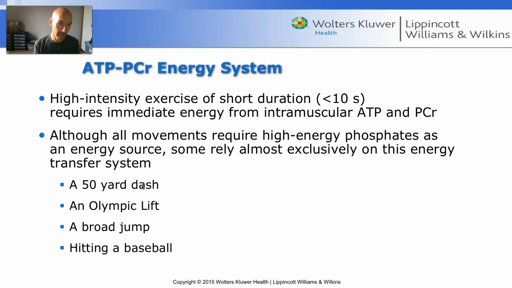Even something like hitting a baseball, hitting a golf ball, the tennis serve, any sort of explosive activity. Explosive activities require immediate ATP. That's why it's called the immediate energy system, because it immediately supplies ATP to fuel these types of very short duration activities.